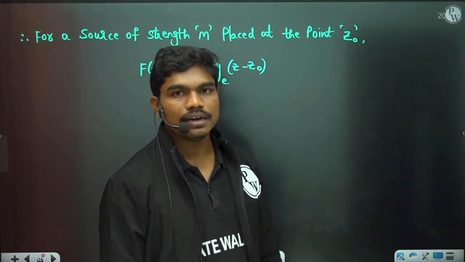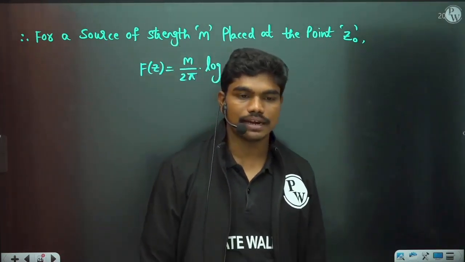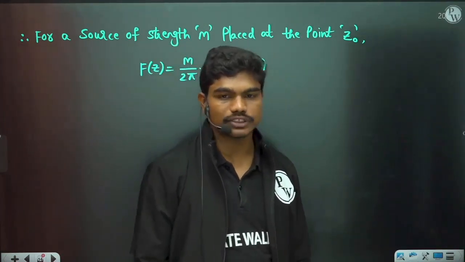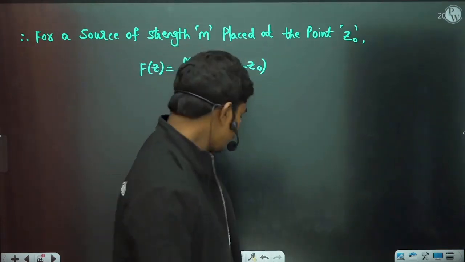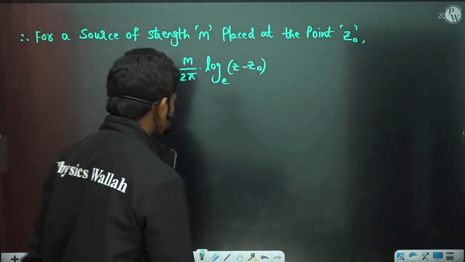Now, for example, let us suppose you have a sink. Instead of a source, let us suppose you got a sink. Then let us see how you'll get this.